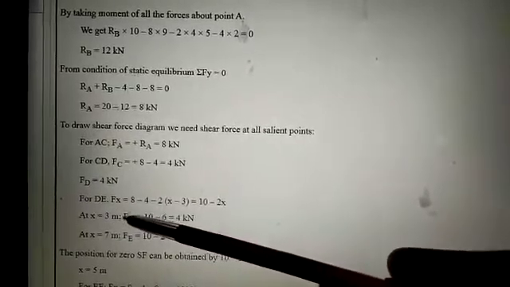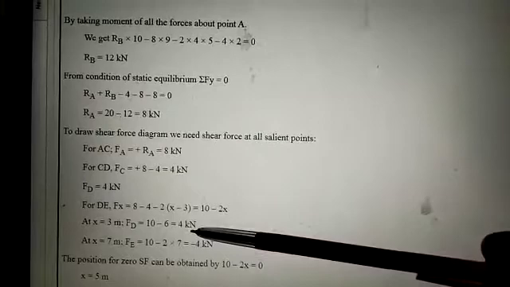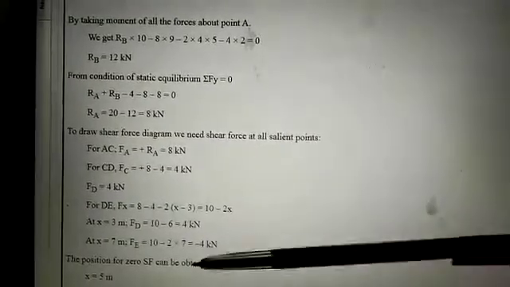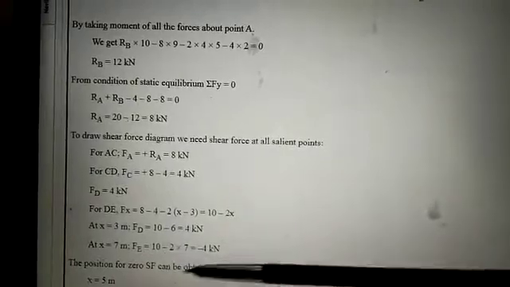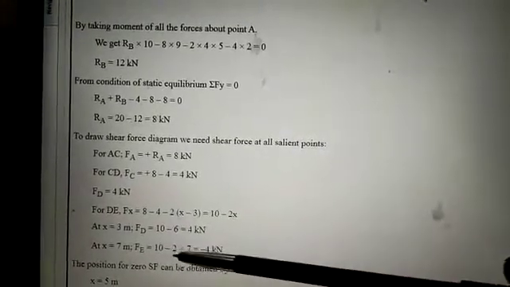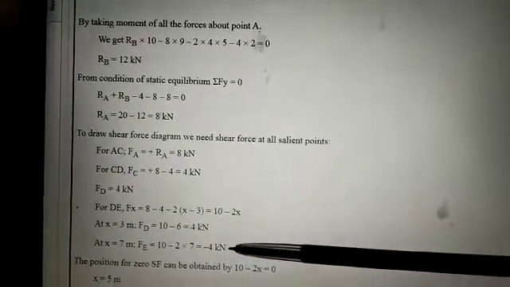Now at x equal to 3 meter, it comes out to be 4 kN. At a 7 meter distance, the shear force will be 10 minus 2 into 7, which comes out to be minus 4 kilonewton.